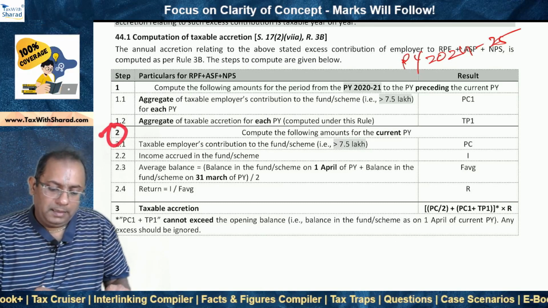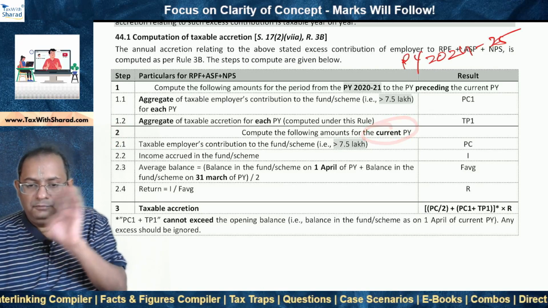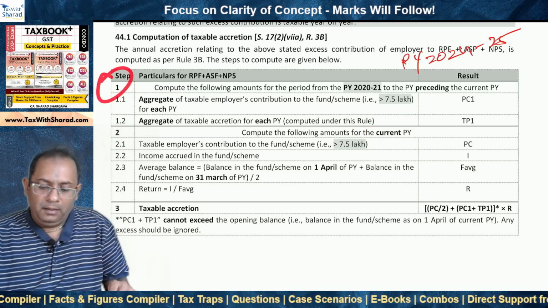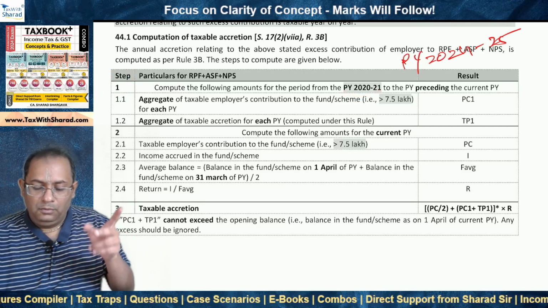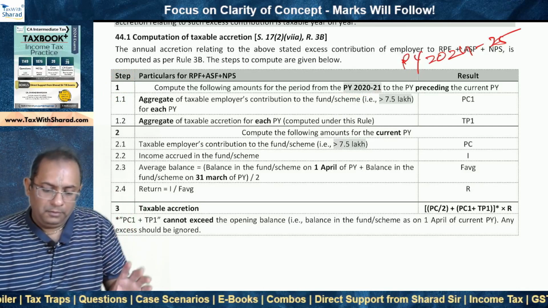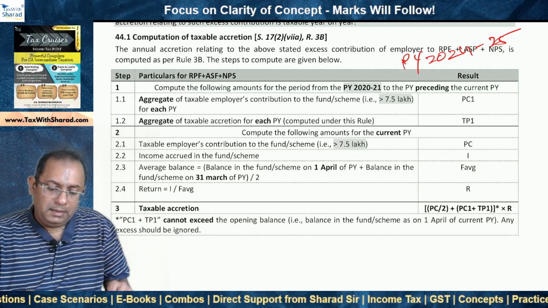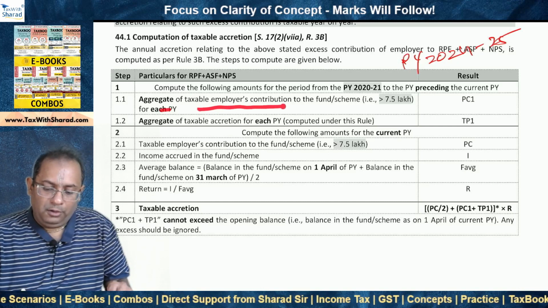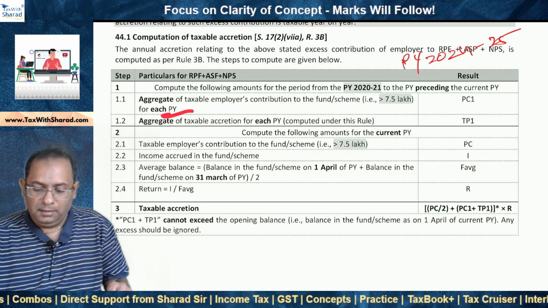Okay, and in the second step we will take the period which is the current previous year 24-25. So in step 1 we take the period from previous year 2020-21 to 2023-24 and we compute two things. One is aggregate of taxable employers' contribution to the fund or the scheme for each previous year.